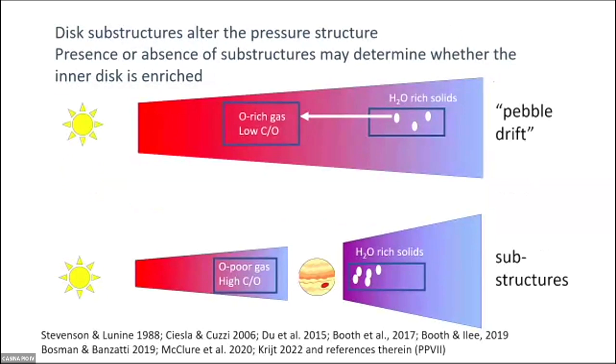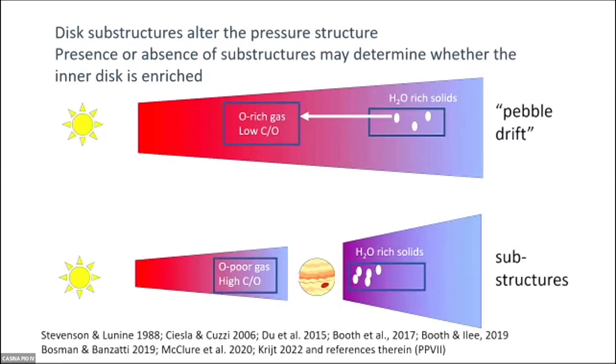But if your disk has substructures, that actually alters the pressure structure. And so the presence or absence of these substructures actually will determine what happens with the inner disk chemistry. So on the bottom, I show an example where, let's say you are trapping your water-rich solids, your water then does not travel in. So relatively speaking, you end up with oxygen-poor gas in the inner disk for a high C to O ratio.